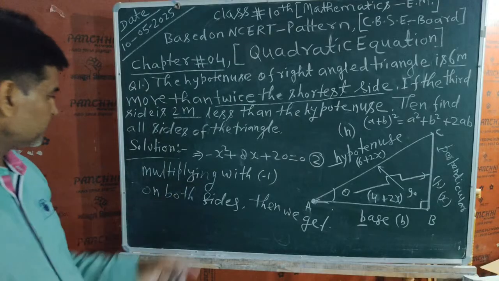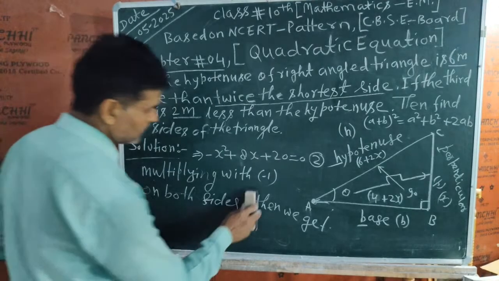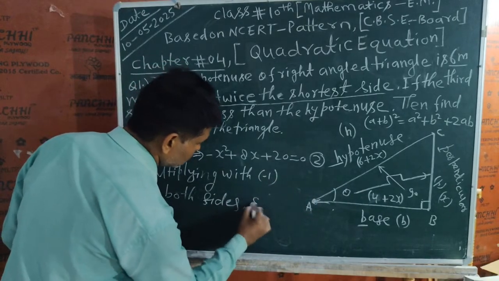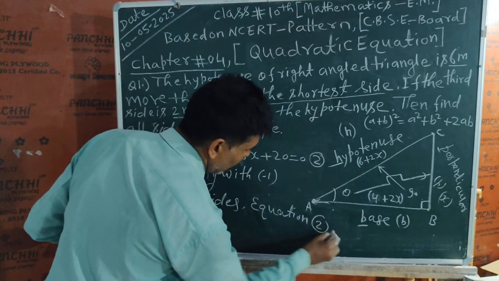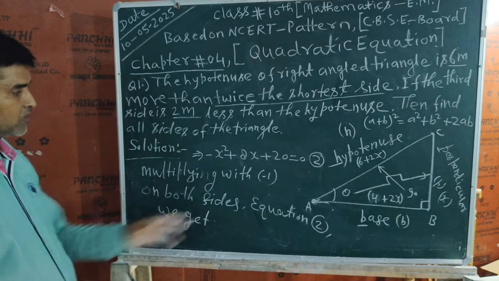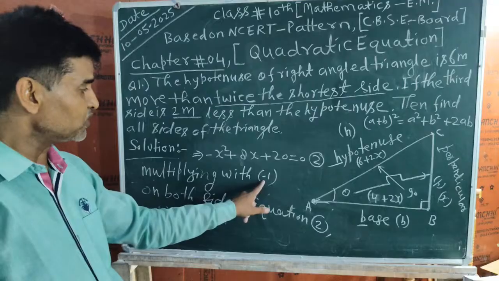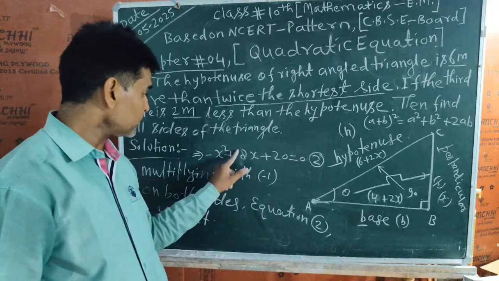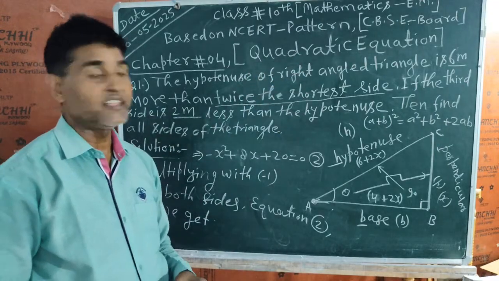So I will multiply equation number 2 with minus 1 on both sides. Equation number 2 is written here, and in this equation I will multiply with minus 1 on both sides. After multiplying, we will get a quadratic equation in standard form, and then I will apply the concept of quadratic equation and find its roots.